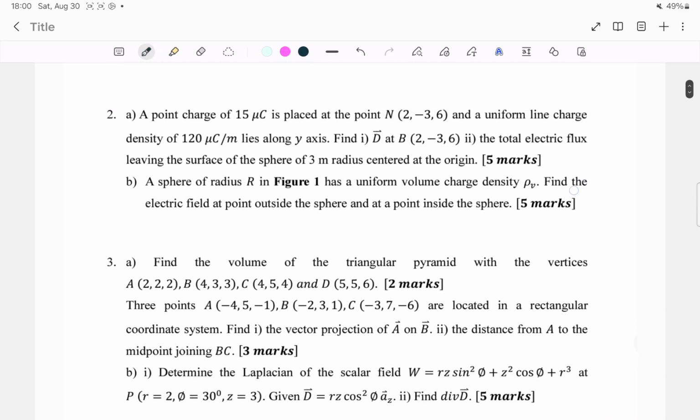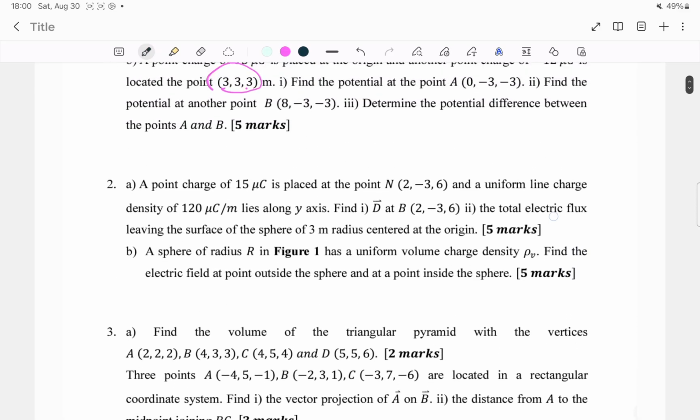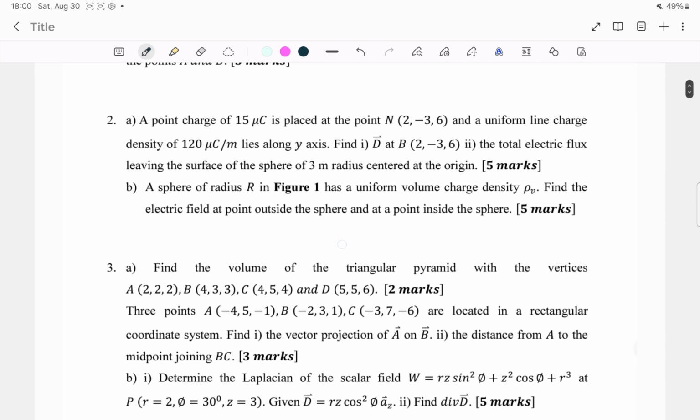Okay, so this is the question. Now let's start with 2a.